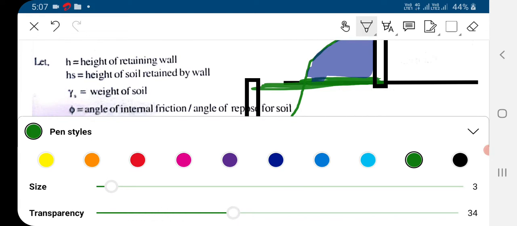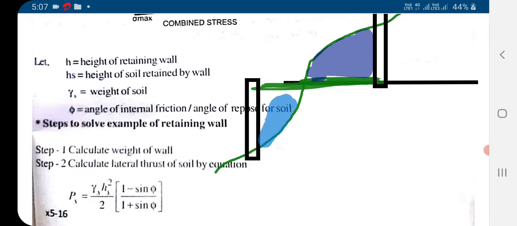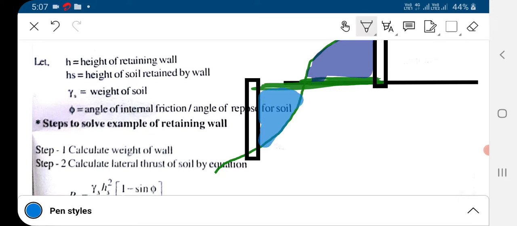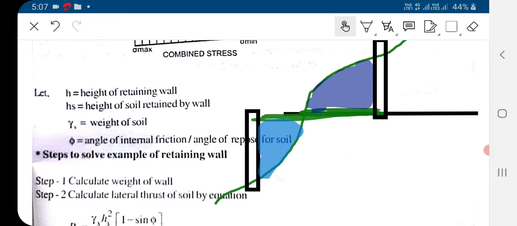So in this region we have to dump some soil from outside. Here there is one wall and here there is another wall.